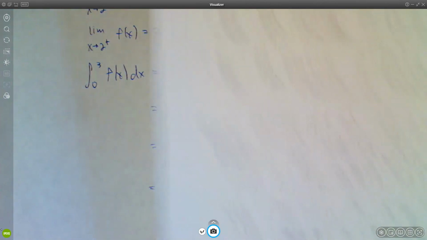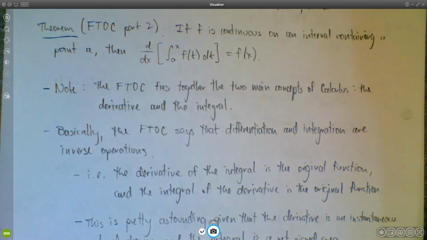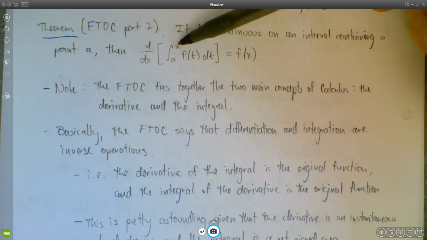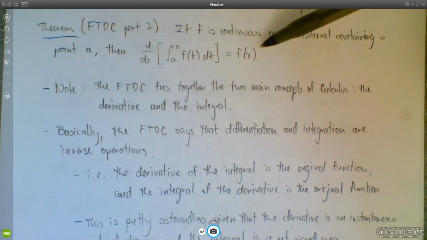However, there is a second part. And it's a pretty cool thing. So Fundamental Theorem of Calculus Part 2 says, if f is continuous on an interval containing a point a, then the derivative of the integral is just the original function.